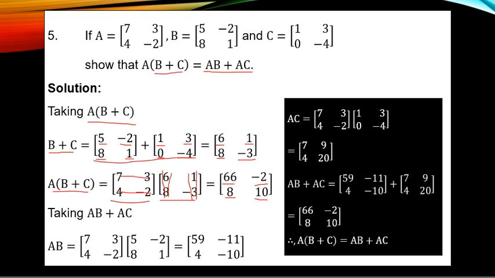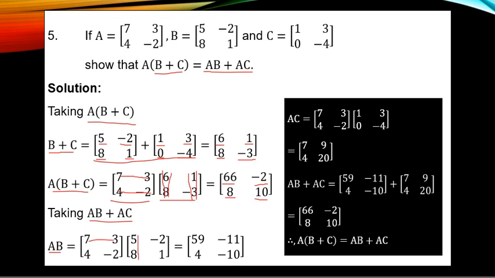The second part is AB plus AC. What it means is that you look for the product of AB and the product of AC, then you add both together. So this is AB. You take the first row times the first column.